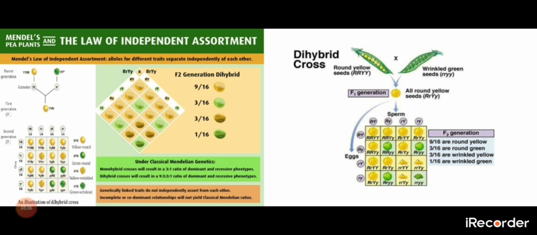Once again, consider a cross of a pea plant having round and yellow seeds and a plant with wrinkled and green seeds. In this, the 2 pairs of characters involved are seed shape and seed color. The letter capital R is used to denote round shaped seeds, and capital Y to denote yellow colored seeds.